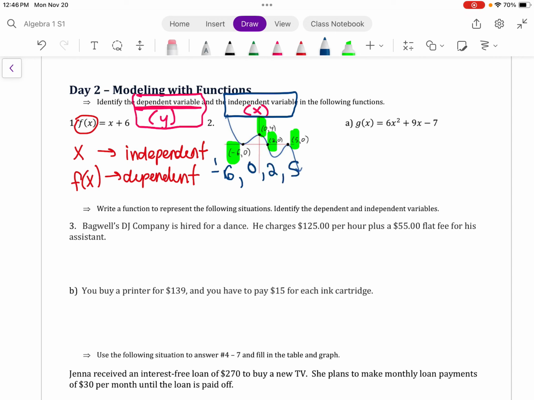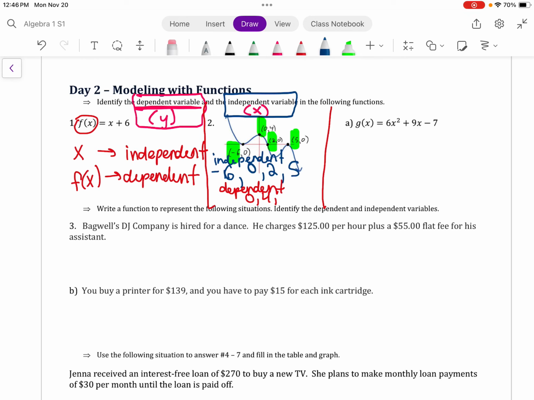Those are your independent numbers. Your dependent is 0, 4, 0, 0. So then you don't have to write it again and again. That's your dependent.